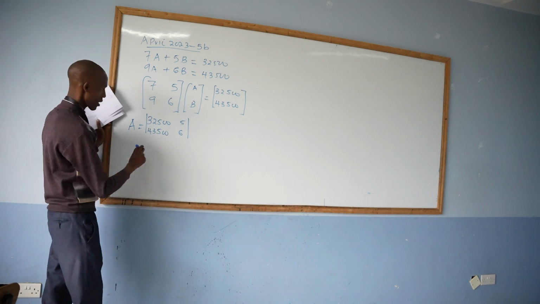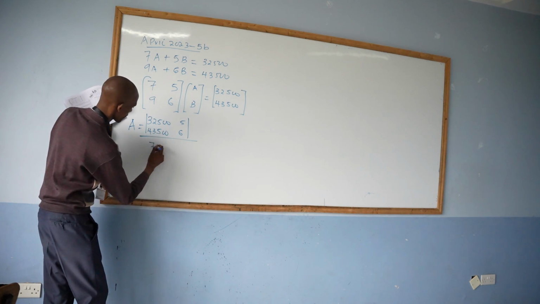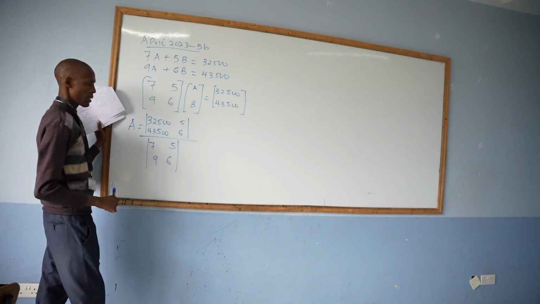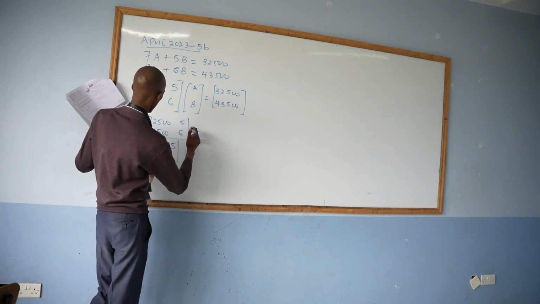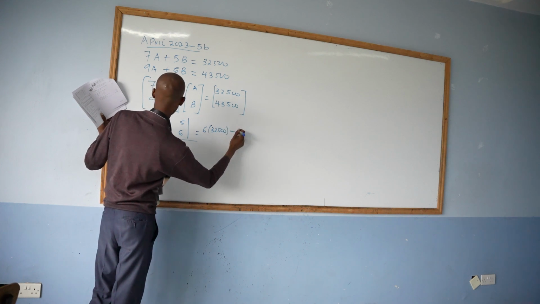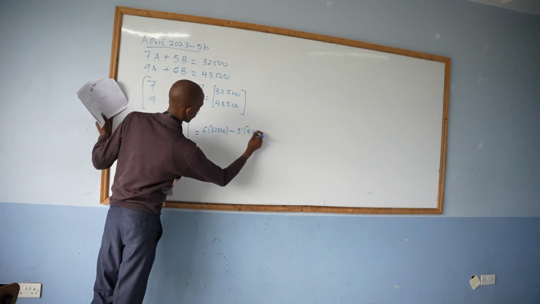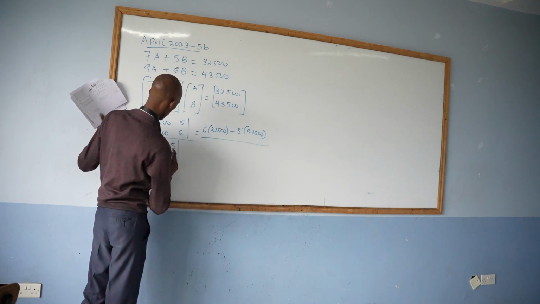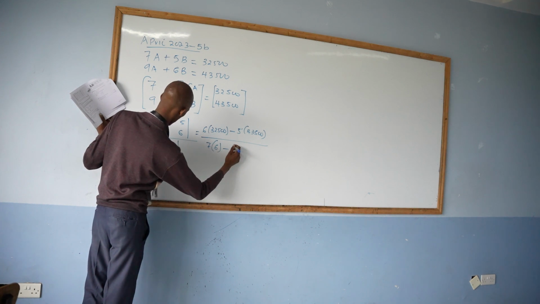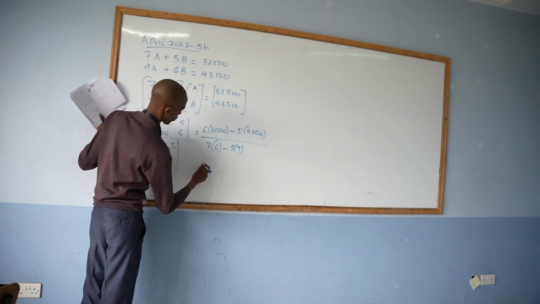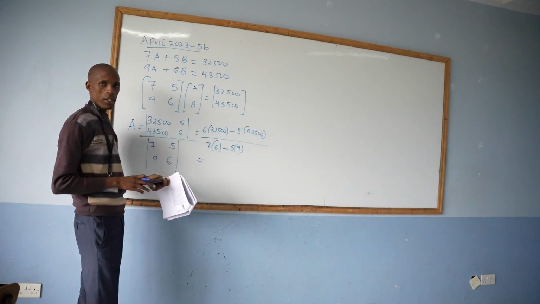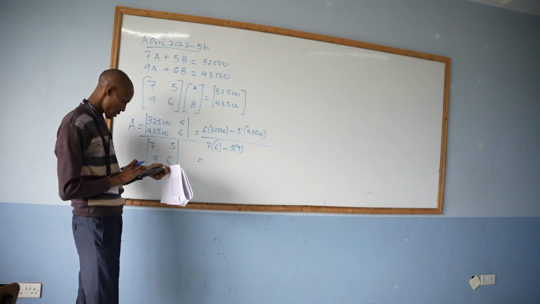Then get the determinant. We use the two-stroke to start for determinant, divided by the determinant of the first matrix. How do we get the determinant here? You multiply 6 by 2,500, minus 5 by 43,500, that is the numerator, divided by 7 times 6 minus 5 times 9. Get the determinant using the calculator.